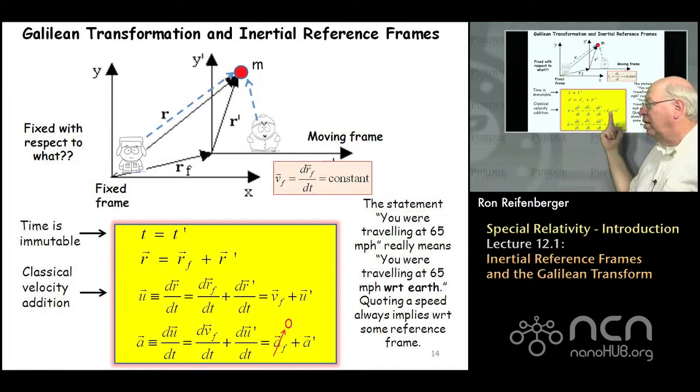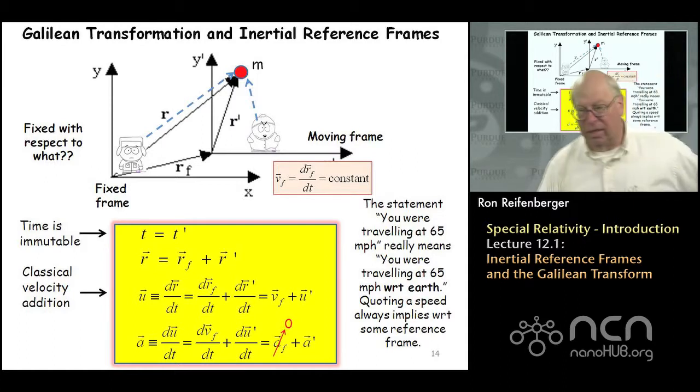So this is basically the velocity of the reference frame. And it's also interesting to note that if you calculate accelerations, both guys are going to get the same acceleration, because the reference frame that's moving does not have an acceleration. The velocity is constant, independent with respect to time.